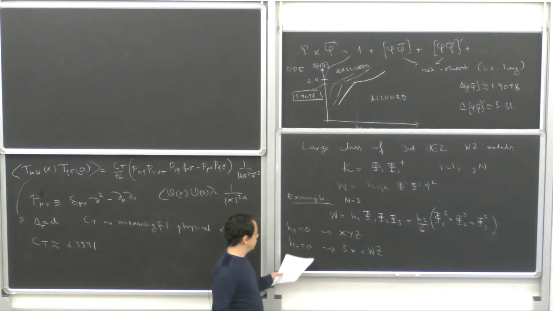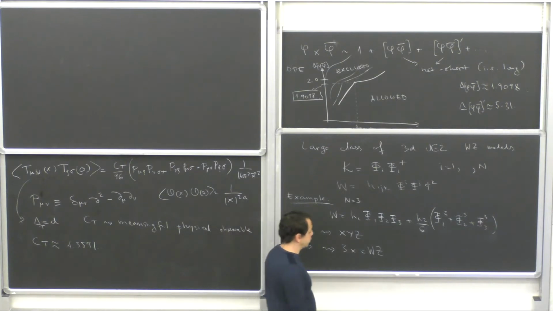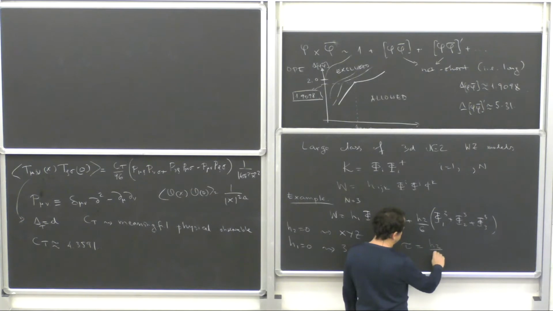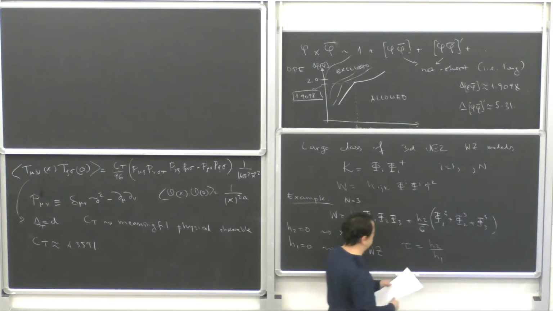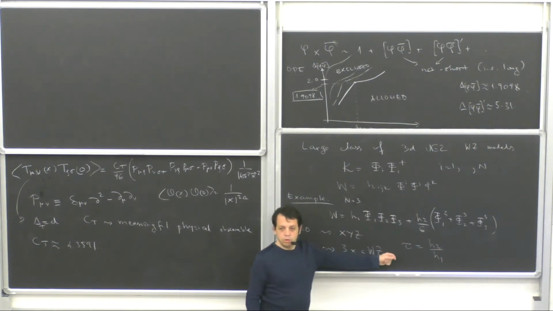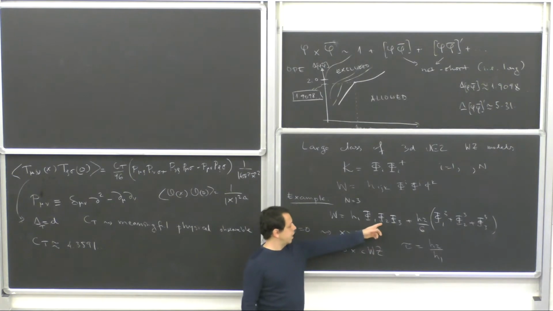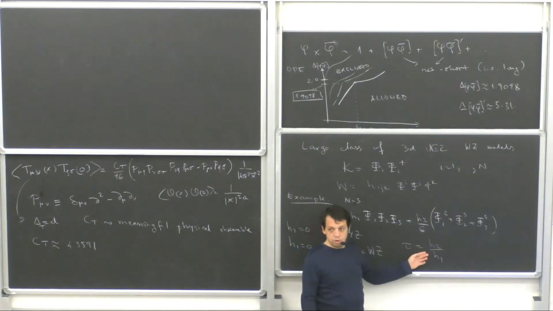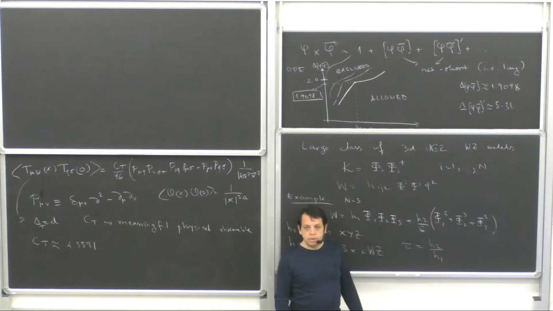Then, of course, these are 2 limits of the general case. So only the ratio of the couplings is actually non-trivial, because you can rescale all of the fields by the same number and get rid of one of H1 or H2. So if both of them are non-zero, only the ratio is meaningful.